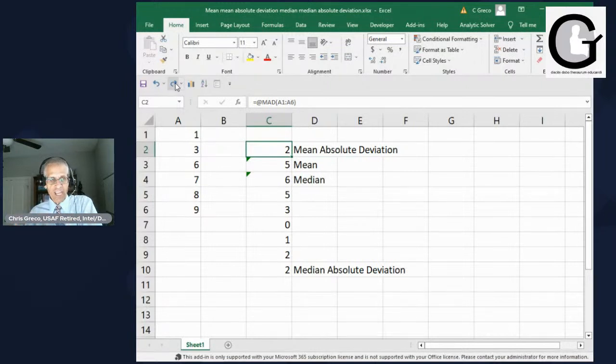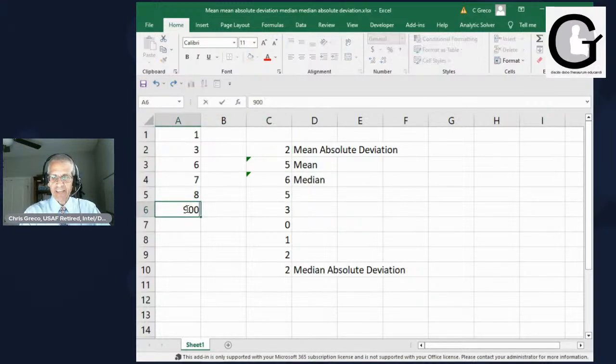The mean absolute deviation buffers it a little bit so that you have a little bit of a better measure. But still, you're basing it on something that is highly influenced by upper and lower values. But again, if I change that 9 to 9,000, it changes that mean absolute deviation very little, to 2.5.